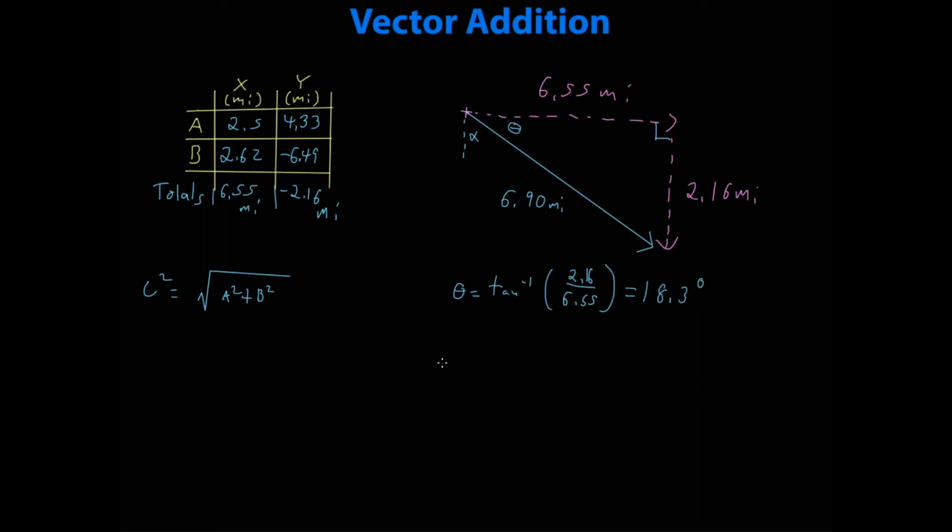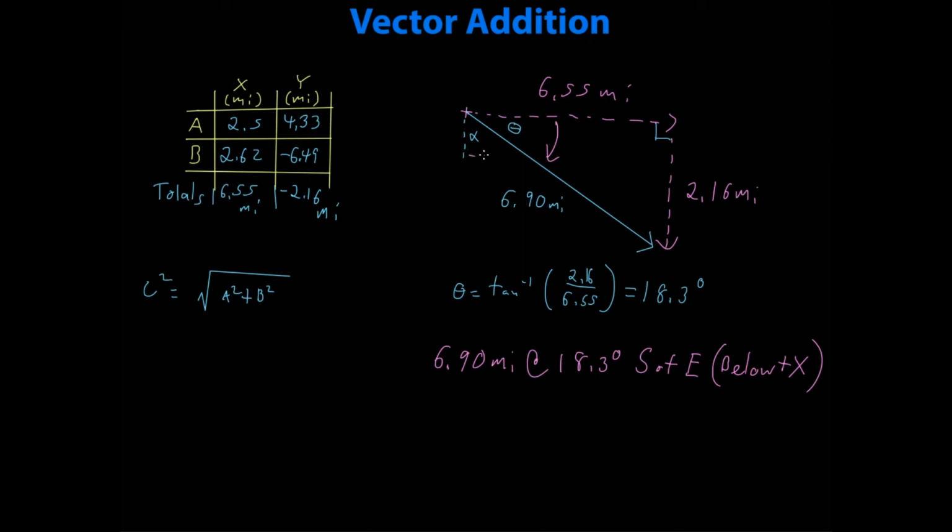So let's state this. Here is Blackbeard's new single line direction. From the rocks, he needs to walk 6.90 miles at 18.3 degrees. This is going to be south of east, or below positive x-axis. Now, this could be written another way.